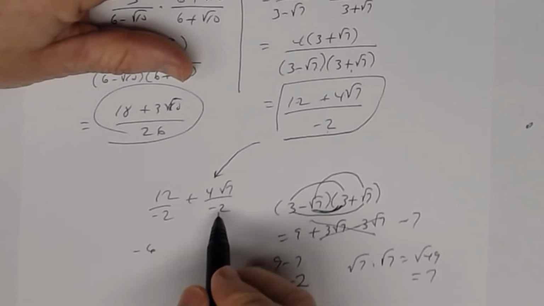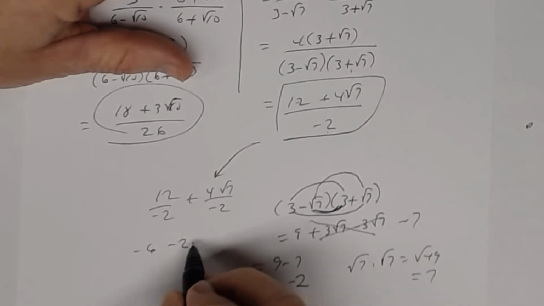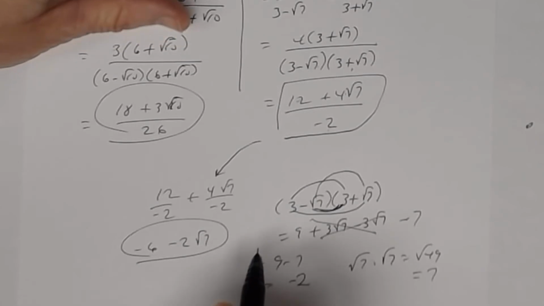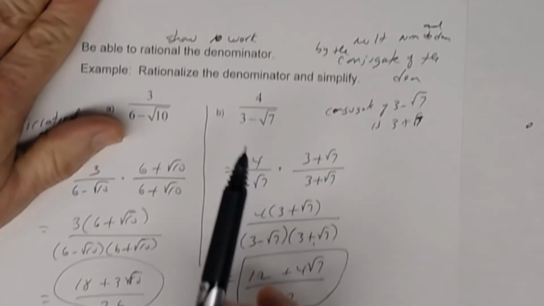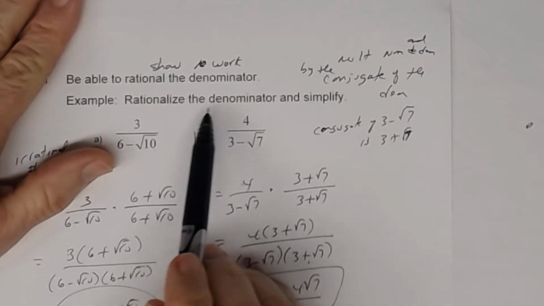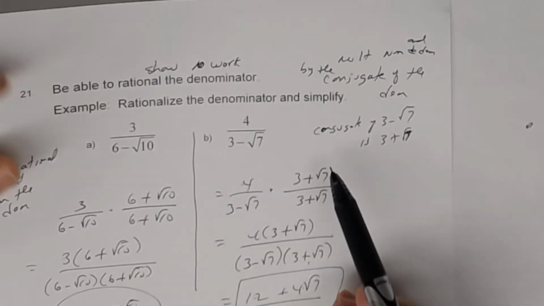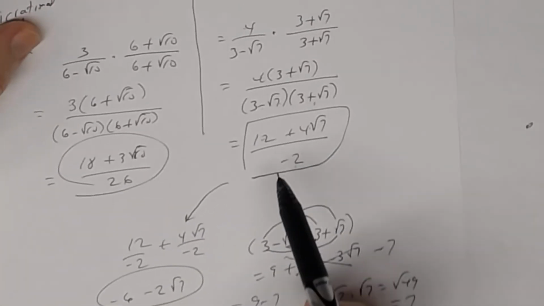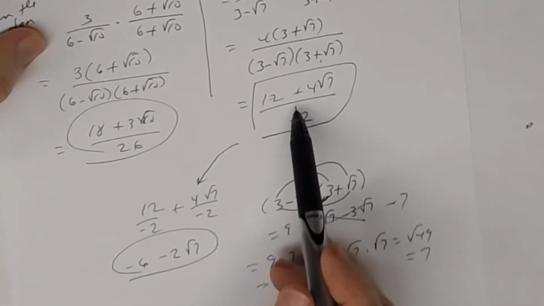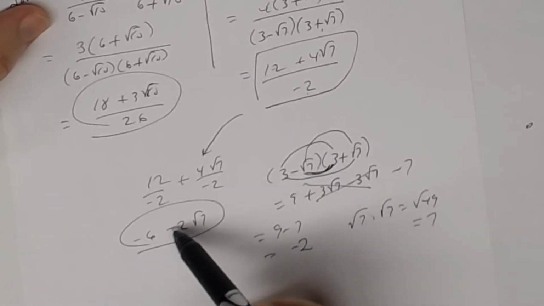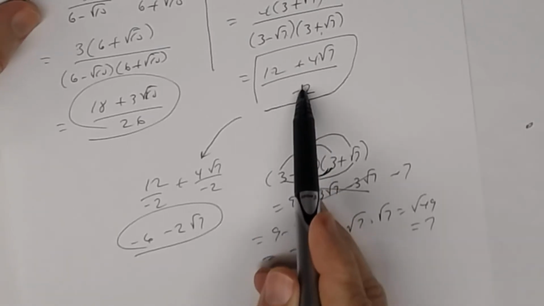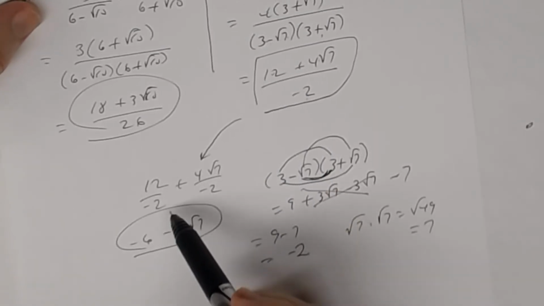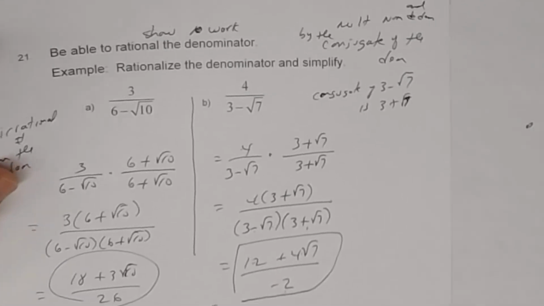A positive 4 divided by negative 2 is a negative 2. And so you get this. So either this or this is fine. Does not matter. Okay? As long as you rationalize the denominator. And to simplify, just to be honest with you, this would be what they would want. Okay? So simplify as much as you can. So you go from here to here. Okay, so that's number 21.